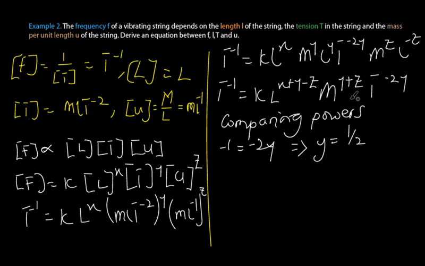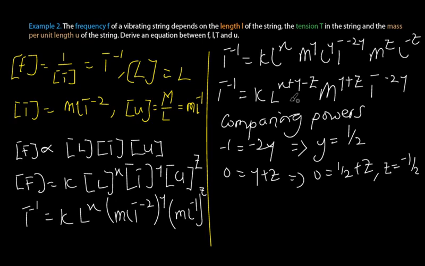From here we move on to M. Comparing powers of M, we don't have any M here, so 0 is equal to Y plus Z. But the Y over here is positive half, so 0 is equal to half plus Z. If we make Z the subject, Z is equal to negative half. We bring the positive half across the equal sign, and it becomes negative.